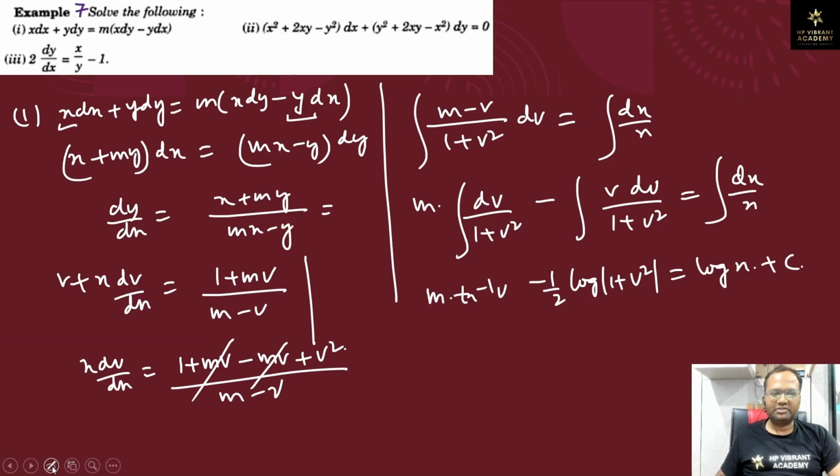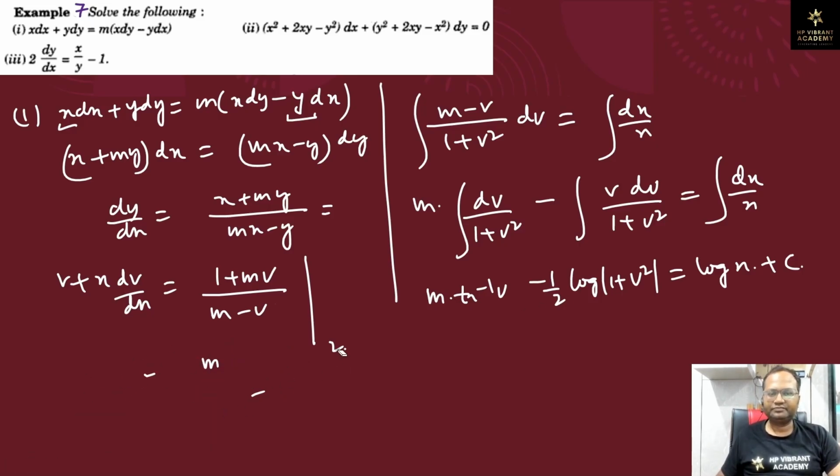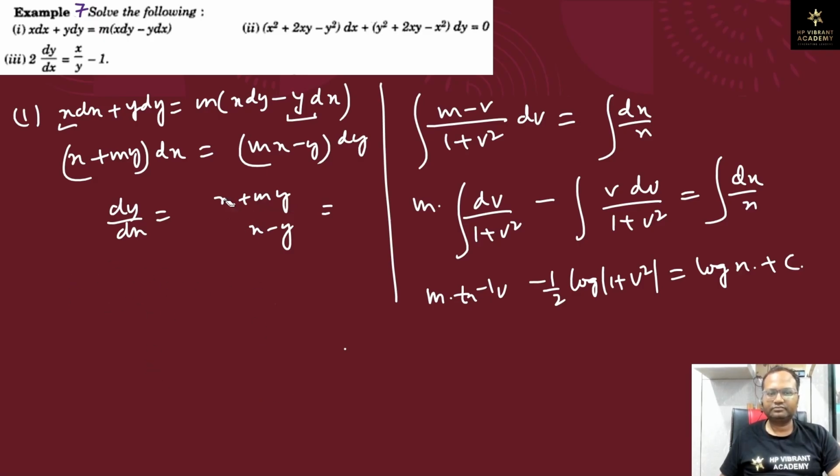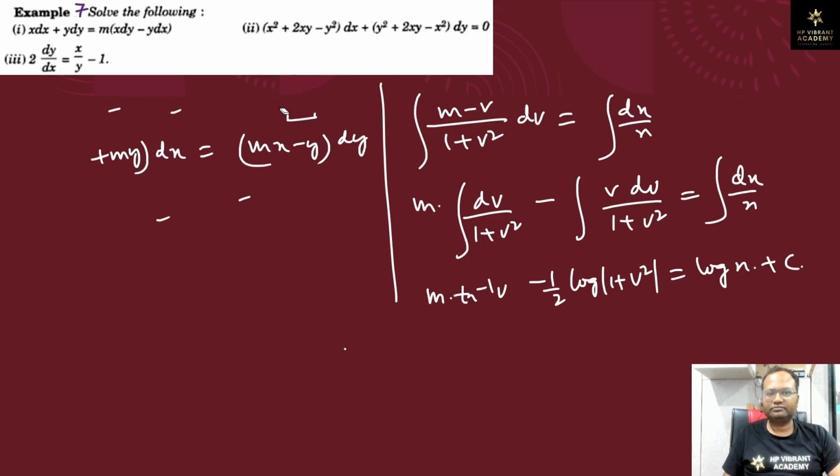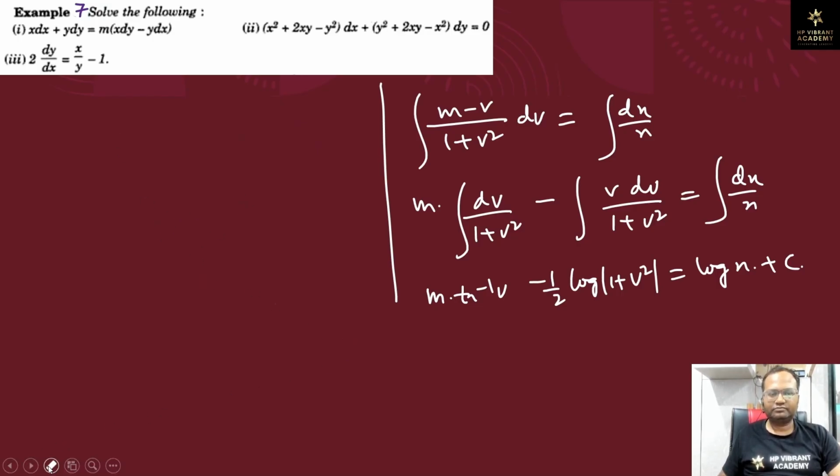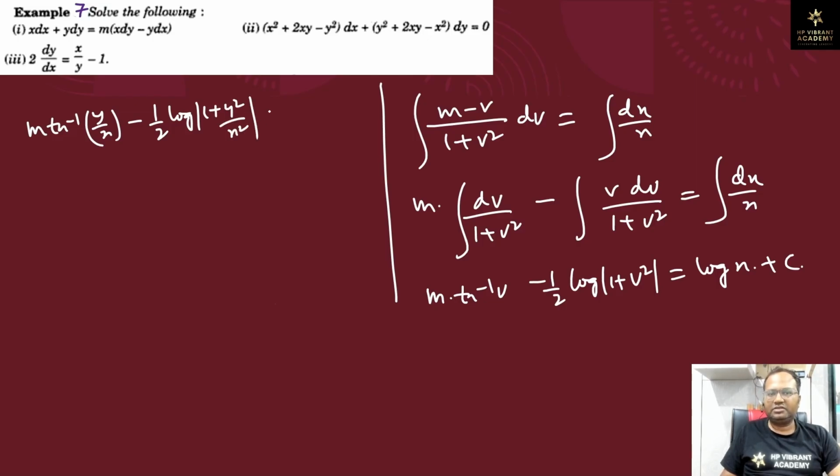Okay, so let us further simplify this. So we have this as m tan inverse y upon x minus 1 by 2 log of 1 plus y square upon x square is equal to log of x plus c.